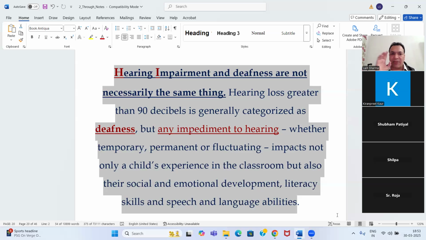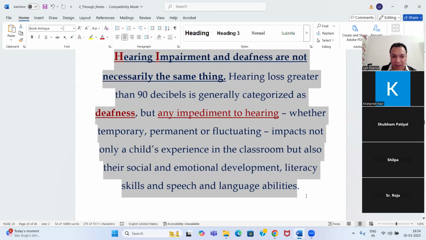So hearing impairment and deafness are not necessarily the same thing. Hearing loss greater than 90 decibels is generally categorized as deafness. But now listen, this is the most important. Any impediment to hearing, whether temporary, permanent, or fluctuating, impacts not only a child's experience in the classroom, but also their social and emotional development, literacy skills, and speech and language ability. Why am I emphasizing this?